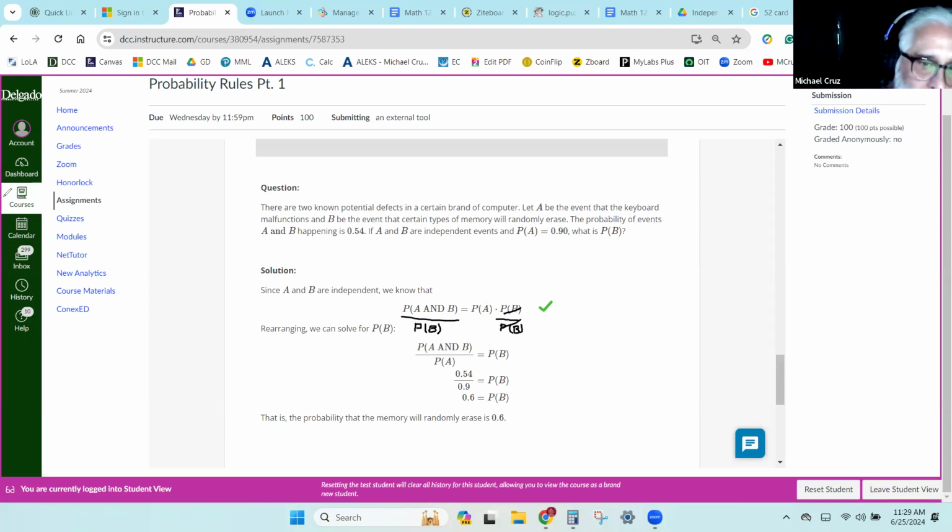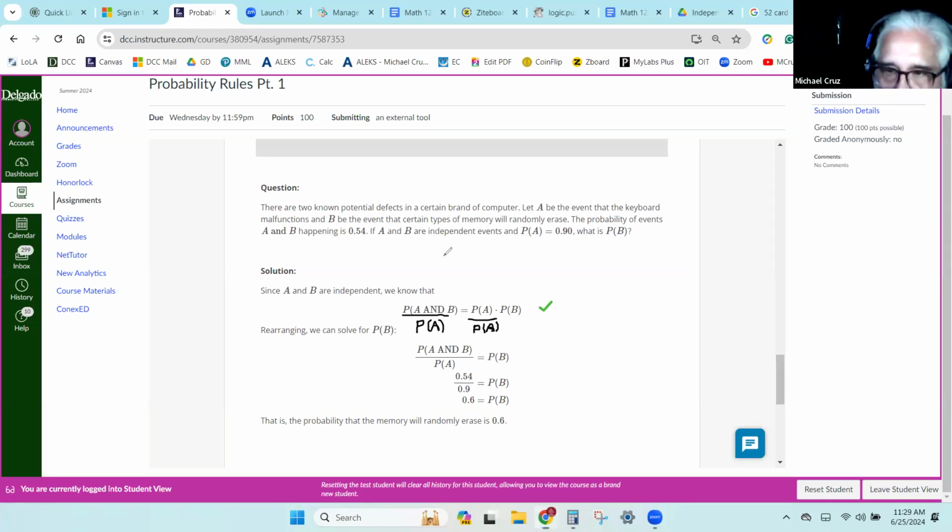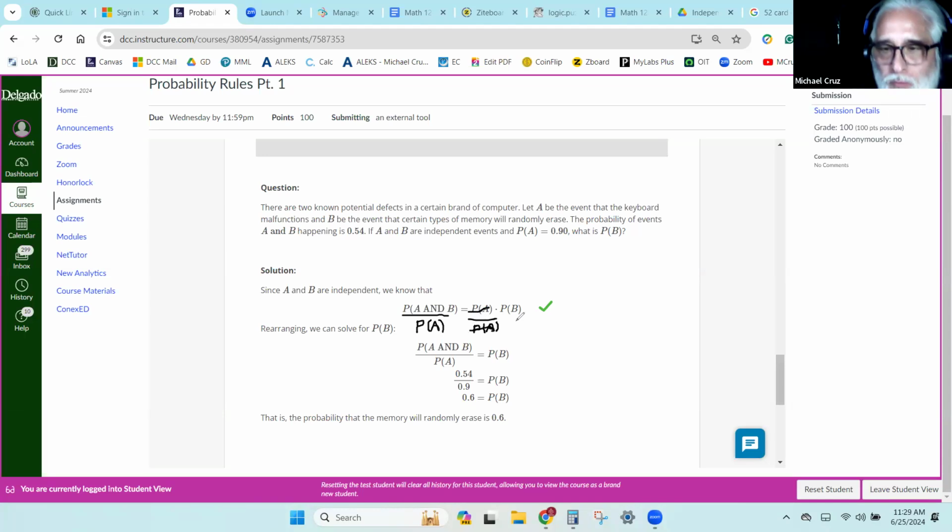I put B instead of A. So this is what we call the conditional formula. The reason why is because this right here just becomes 1/1, and all you got left is just probability of B. This right here is what we call the conditional probability.